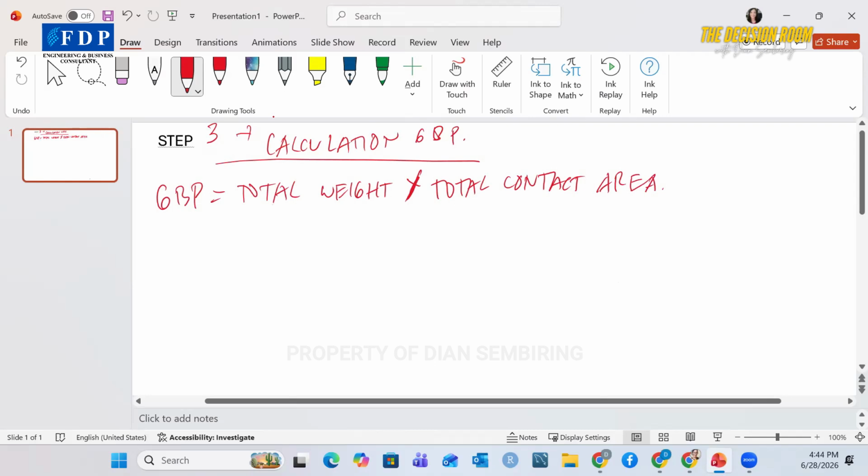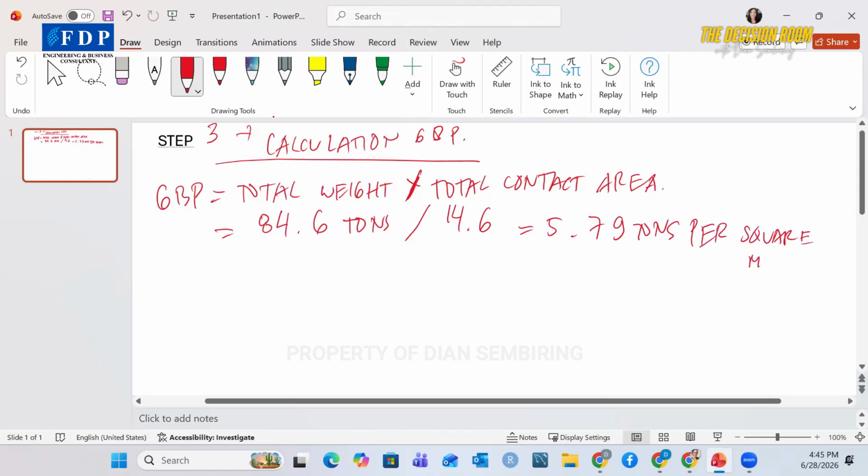So we got before, the total weight is 84.6 tons, divided by 14.6 from the previous calculation. So we get 5.79 tons per square meter. Okay, this is step number 3. So we already get the ground bearing pressure per square meter.